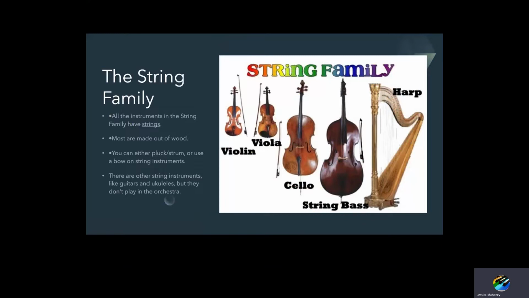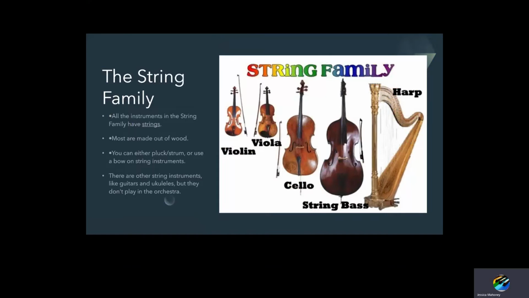You may notice that there are only 5 instruments in this family picture. There are other string instruments in the world, like the guitar and the ukulele and plenty of others, but they don't play in the orchestra.